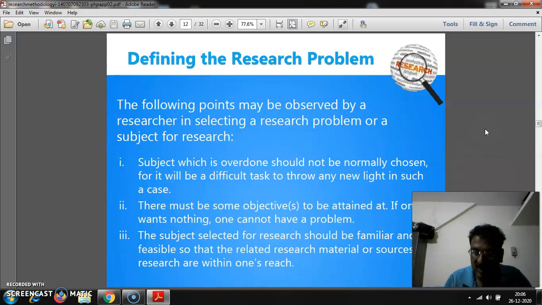Second, the following points may be observed by a researcher in selecting a research problem or a subject for research. A subject which is overdone should not normally be chosen, for it will be a difficult task to throw any new light in such a case. There must be some objectives to be attained. If one wants nothing, one cannot have a problem. The subject selected for research should be familiar and feasible, so that the related research materials or sources of research are within one's reach.